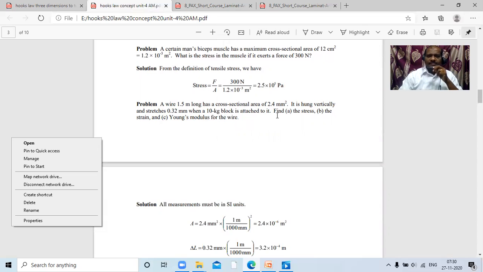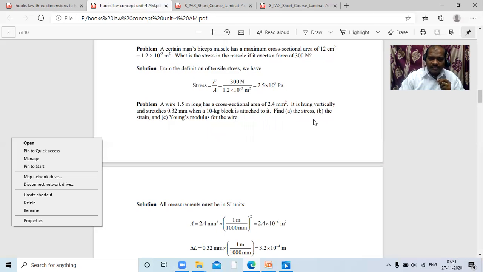So when a block is attached to that wire, it is stretched 0.32 mm. Find the stress, strain and Young's modulus of the wire. This is a similar problem to what we solved in the previous class, but it is given in a different manner. Try to observe here.